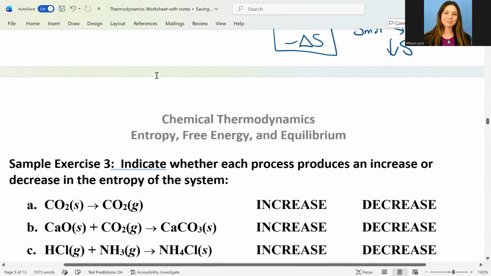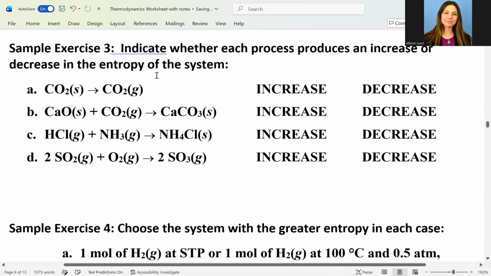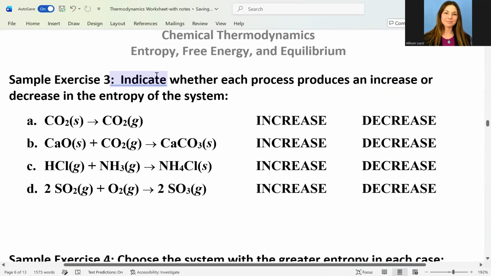So let's take a look at sample exercise 3 and later 4 here, and we'll see if we can determine whether each of these processes would produce an increase or decrease in entropy of our system. So let's look at example A here. So what we see is a change in phase. So first, look for any changes. So the structure is the same.